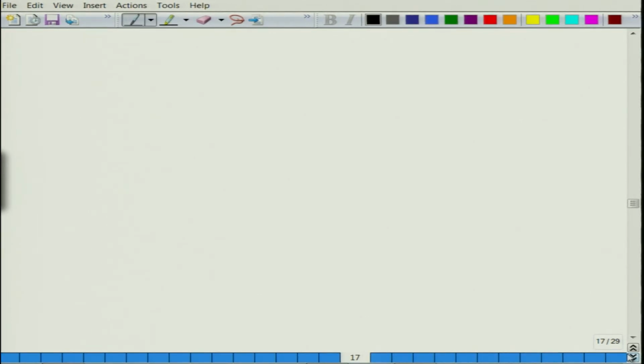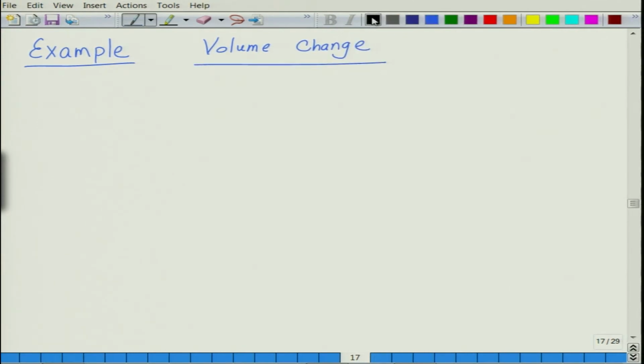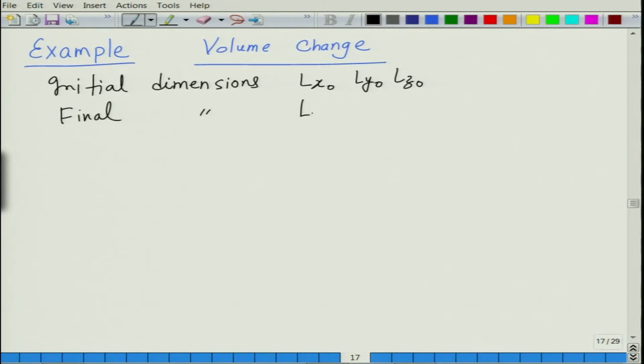Now, let us look at the third and another issue, of volume change. I will not do it completely. Let us say we have initial dimensions of Lx naught, Ly naught, Lz naught, and the final dimensions are Lxf, Lyf, Lzf.